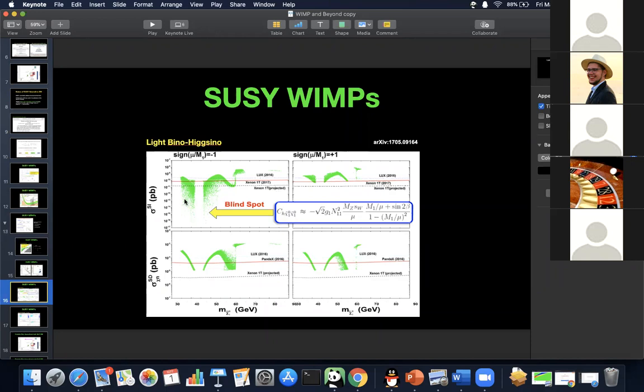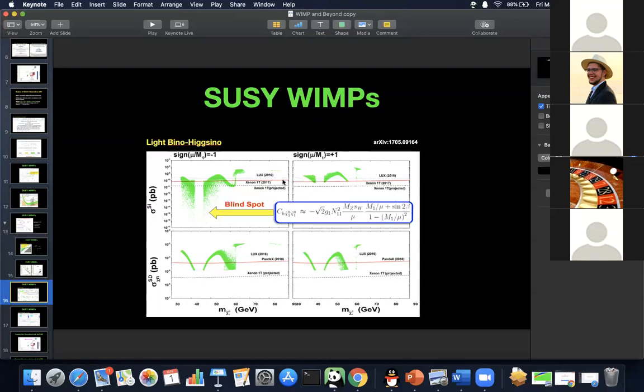This happens in the blind spots. In that range, we can realize the blind spots by tuning the parameters to get vanishing couplings between the dark matter and the Higgs mediators.